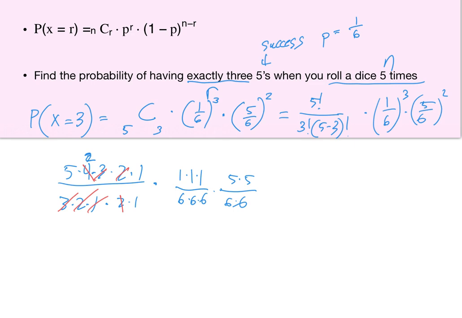In the numerator, I will have 5 times 2. I'm not going to write the times 1, because anything times 1 is just itself. So I have 5 times 2 times 5 times 5 over 6 to the 5th power. 1, 2, 3, 4, 5 of those. The only thing I have down here is a 1.